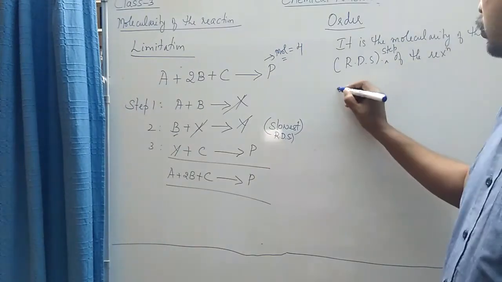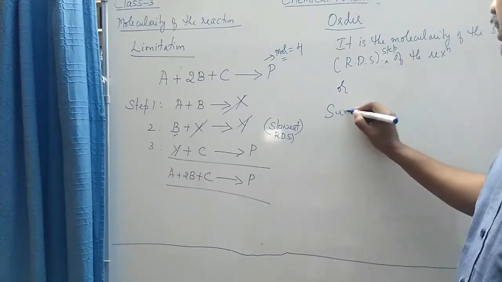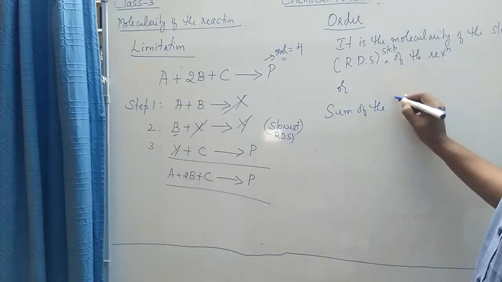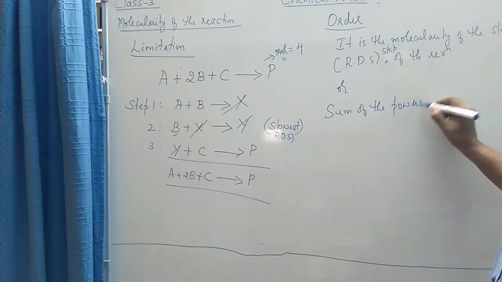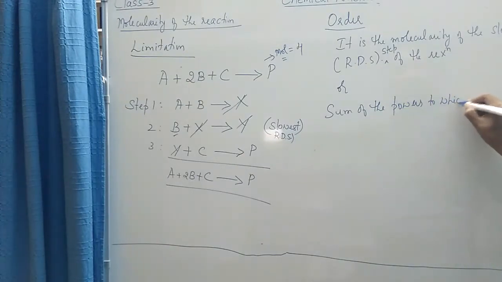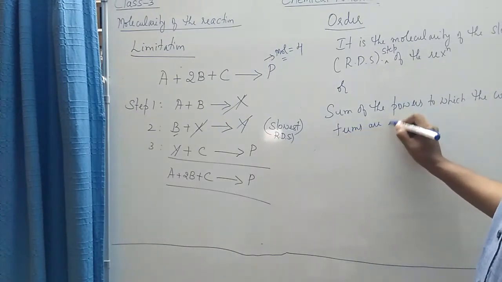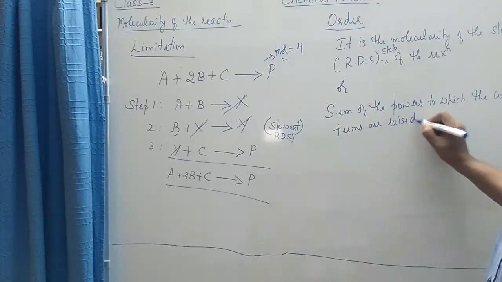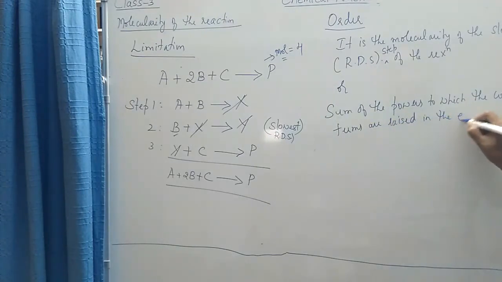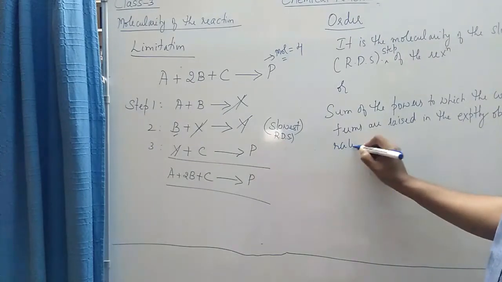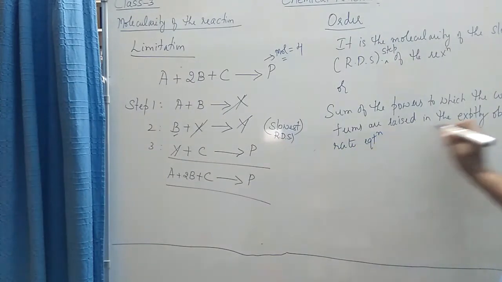Or you can also define order as the sum of the powers to which the concentration terms are raised in the experimentally obtained rate equation.